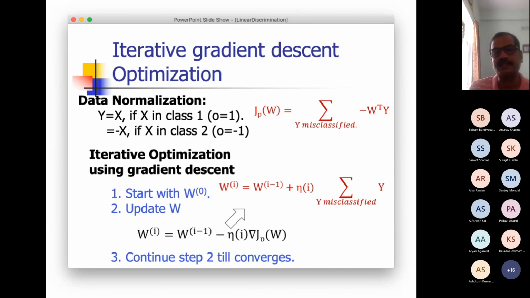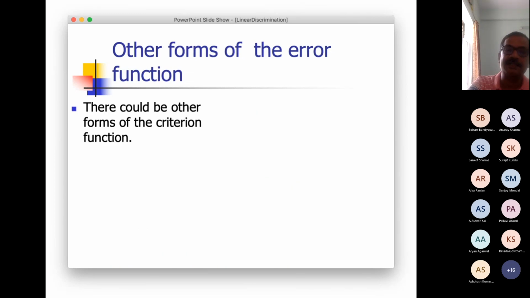One thing you note is that here you have to process all the training samples, and then you update your weights. Now this algorithm can be simplified, as I mentioned. Of course, before going to that, let me also mention that there could be several other forms of error functions.